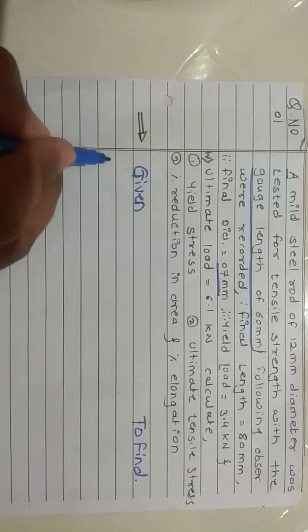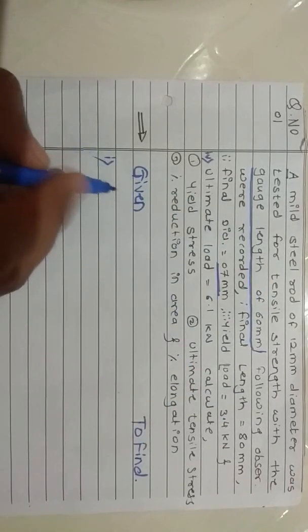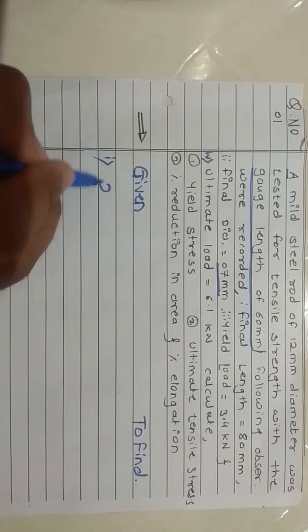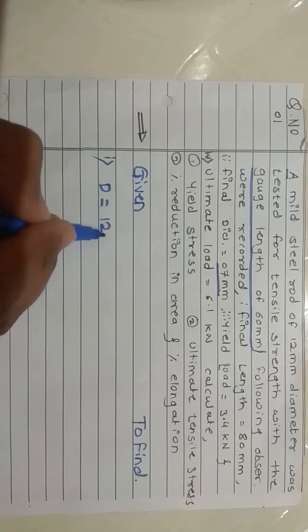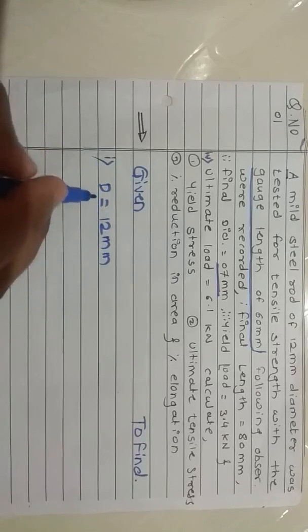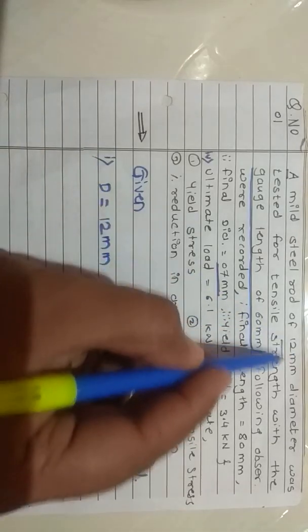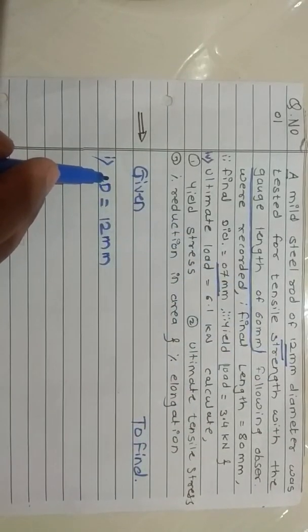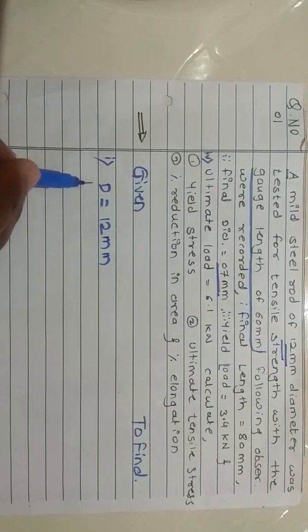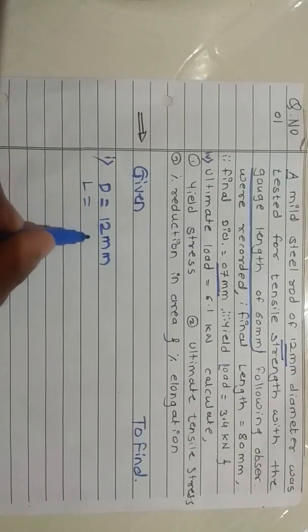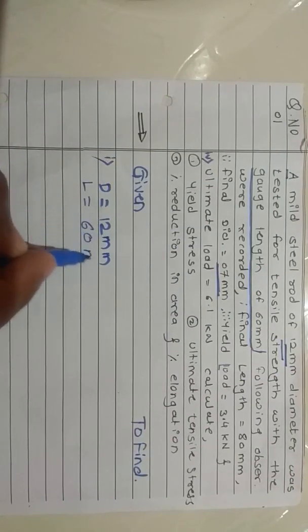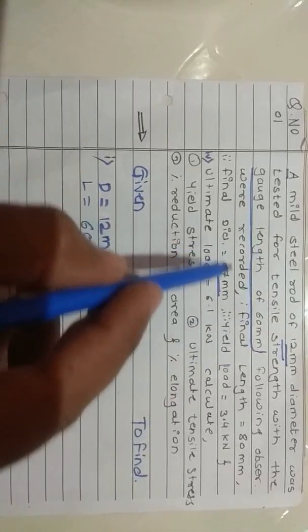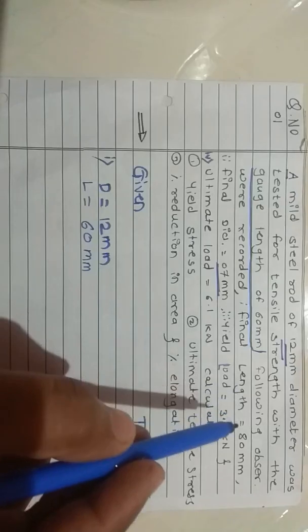First of all, the rod diameter, that is capital D, is equal to 12 mm. Here you can see that it was tested for tensile strength, and gauge length, that is L original length, is equal to 60 mm. Then we have different observations.